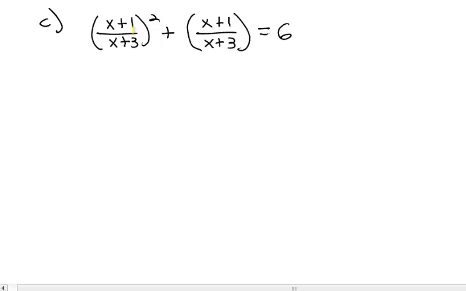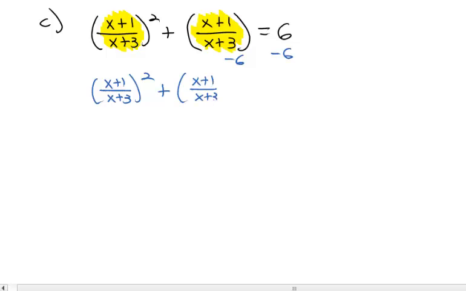What we're going to do is treat the stuff as one ugly looking variable. That stuff is going to stay together. First, though, it has to equal 0. So we'll subtract 6 from both sides. (x plus 1 over x plus 3) squared plus (x plus 1 over x plus 3) minus 6 equals 0.